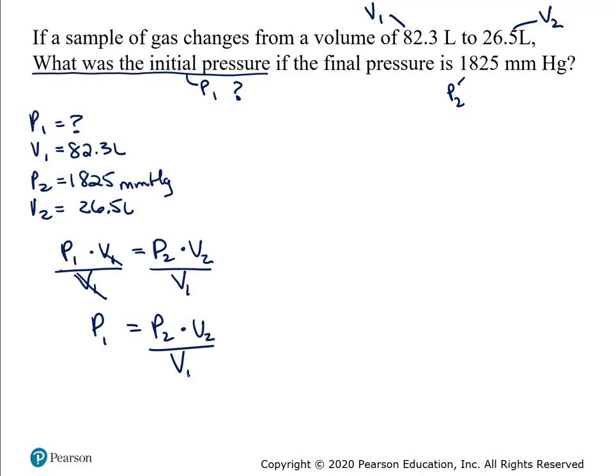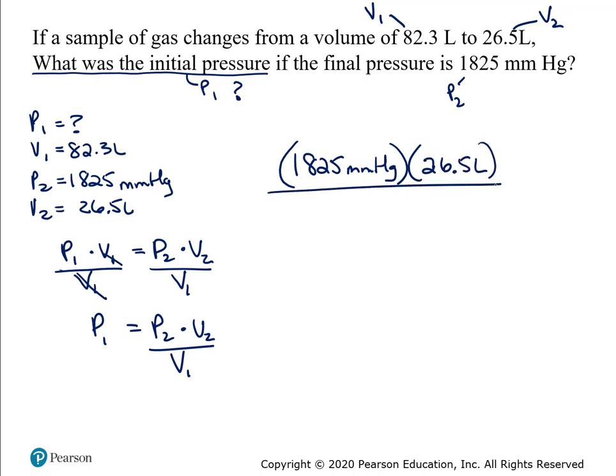Then just plug it in. I know that P2 is 1,825 mmHg, times V2, which I know is 26.5 L, and then V1 is 82.3 L. Always go back and double check, because I have people that flip their V1 and V2 and put them in the wrong place. Just double check that you put them in the right order.